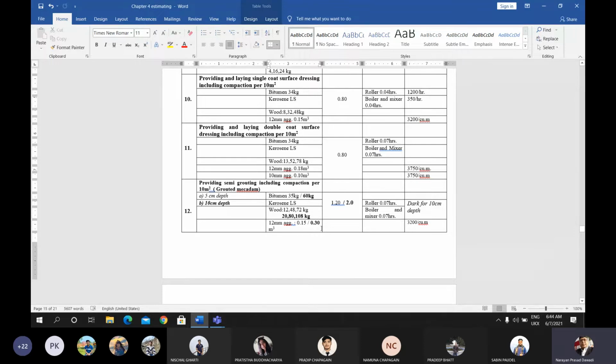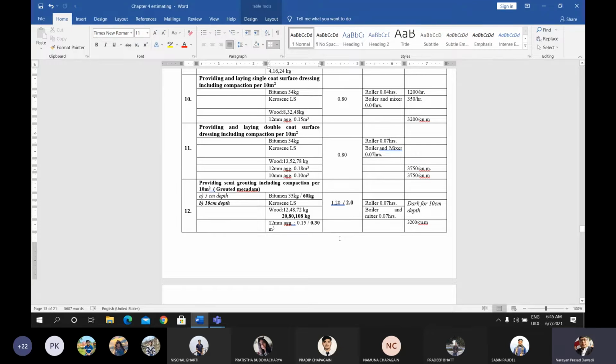It is called semi-grouting because the penetration of the bitumen inside the compacted layer of the aggregate does not penetrate the full depth of the thickness of the aggregate. At that time, we can say that it is semi-grouting.